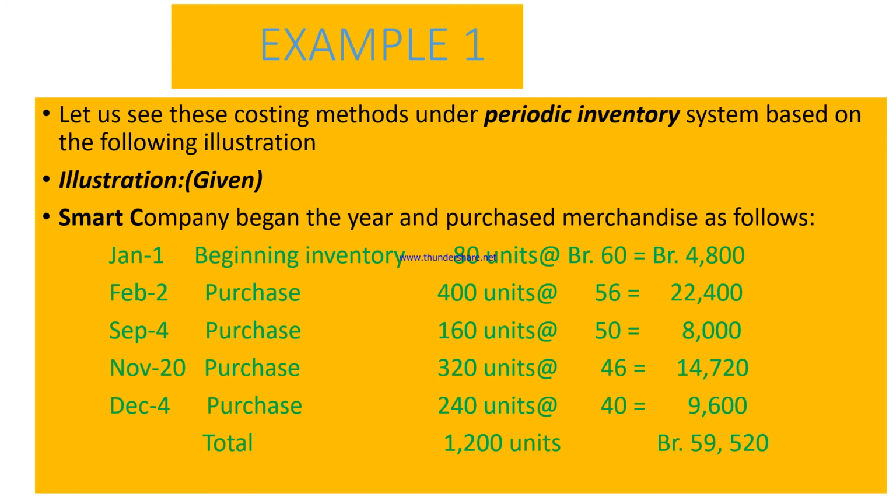Here, dear learners, an example is presented below. Example 1. Let us see those costing methods under the periodic inventory system based on the following illustration. Given, Smart Company began the year and purchased merchandise as follows. Take a moment and consider the given data.